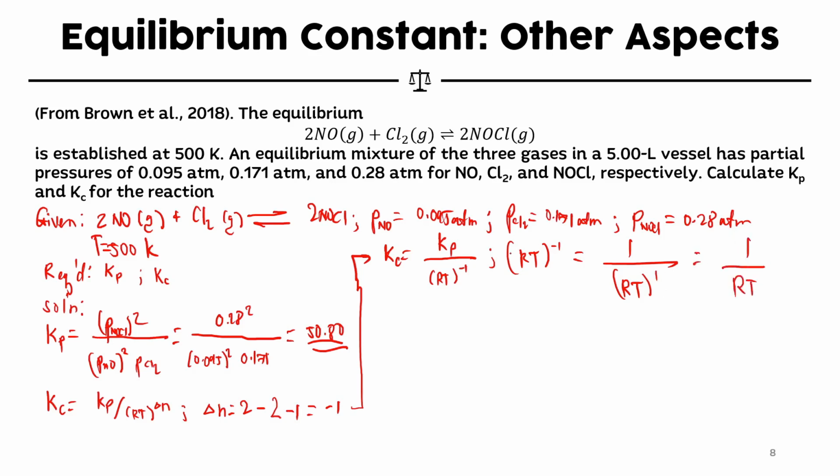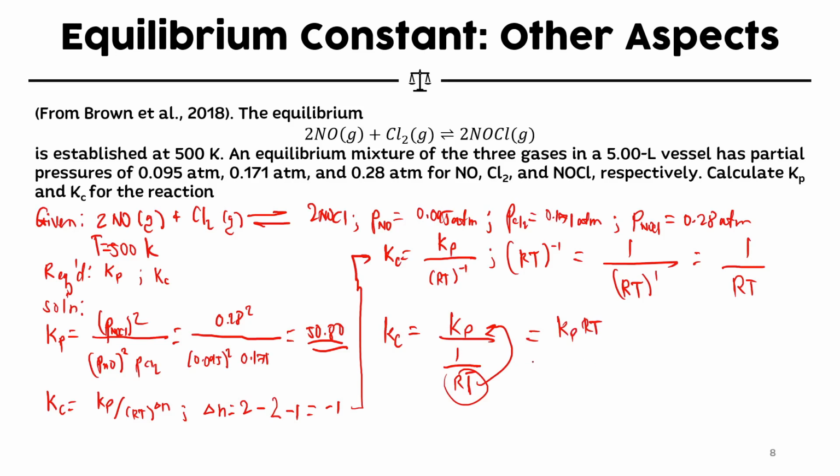We will apply that here. Therefore, Kc is equal to Kp divided by 1 over RT. Since this is transferred to the numerator, our working equation will be Kc is equal to Kp times RT.